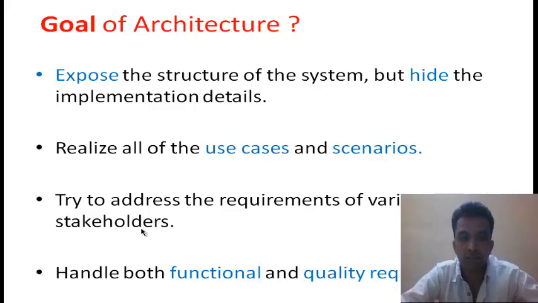Simply we can say that architecture should have the capability of addressing all the requirements of these persons. The fourth point is that it handles not only functional requirements but also quality requirements. Functional requirements and quality requirements are a very important part of the goal of architecture.